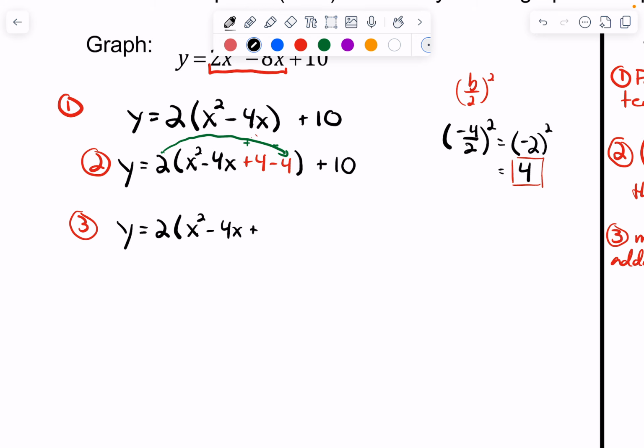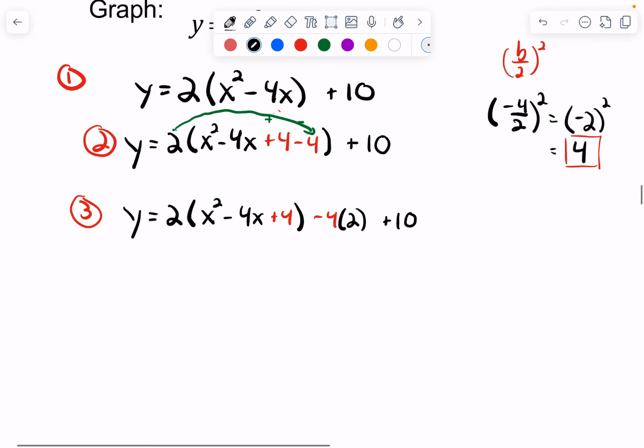I'm going to keep that in red just so you see it, nothing's changed with it. But now, on the outside of the brackets, you have this negative 4 multiplied by this 2, and adding this 10. This is multiplying right here.